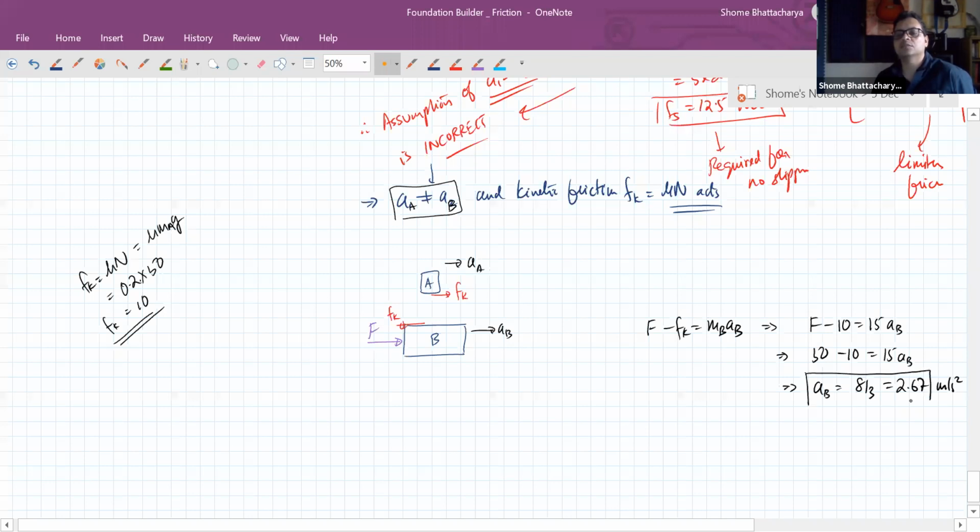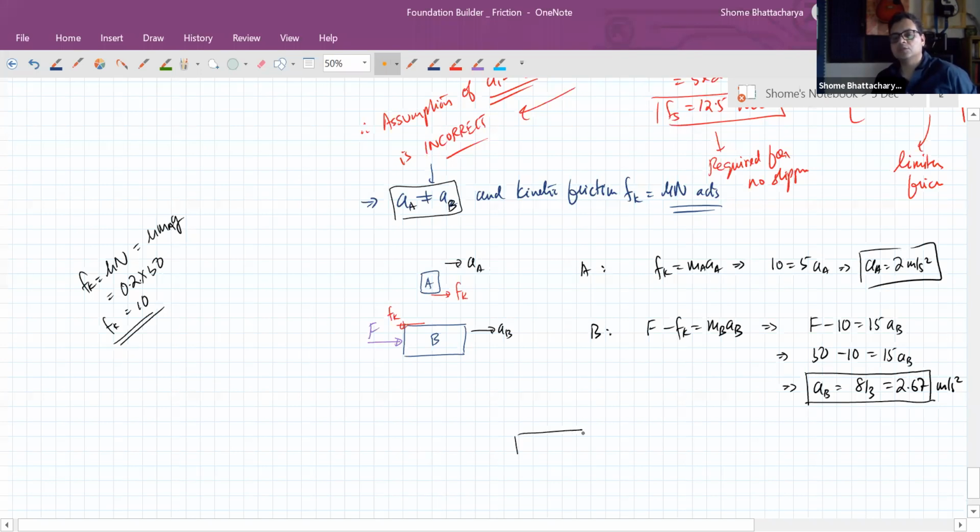This will be the acceleration of B. And for A, this is the equation. Friction is equal to mass into acceleration. That friction is 10 newtons. Mass is 5 kg. So acceleration of A will be 2 meters per second square.